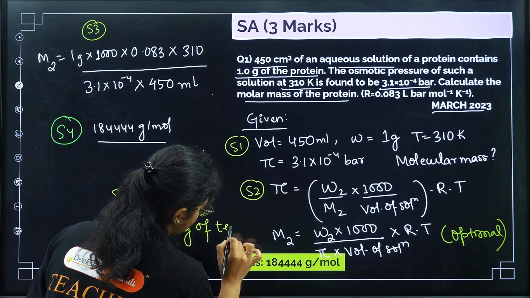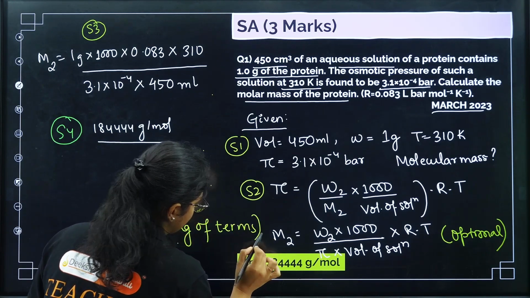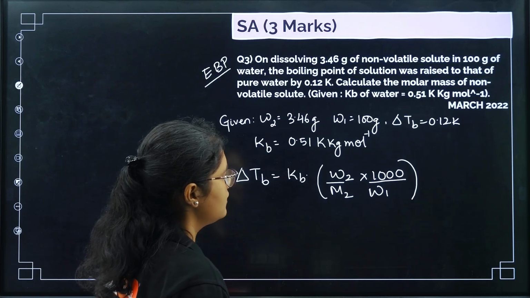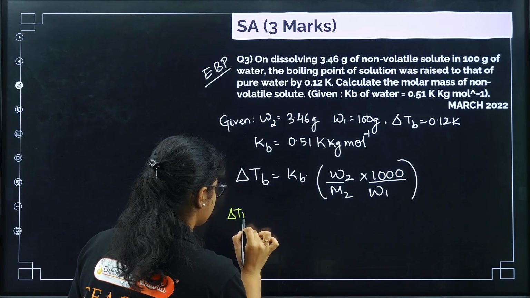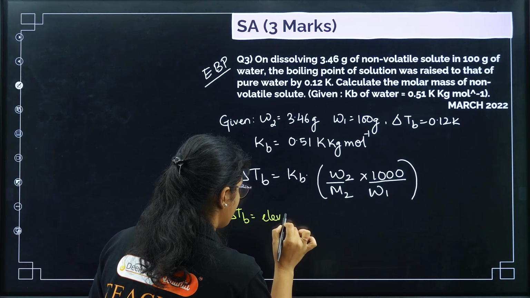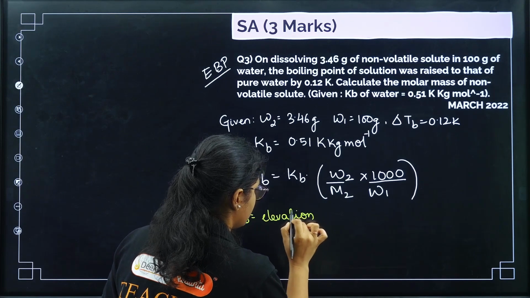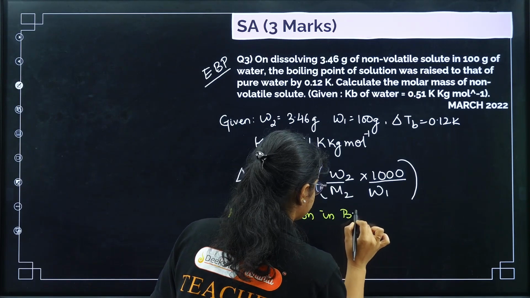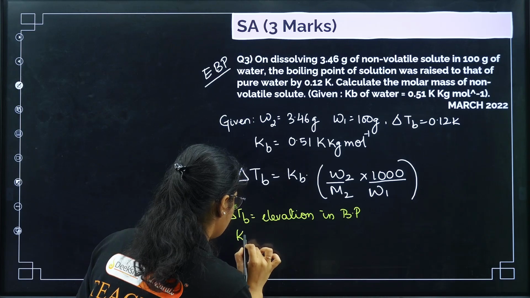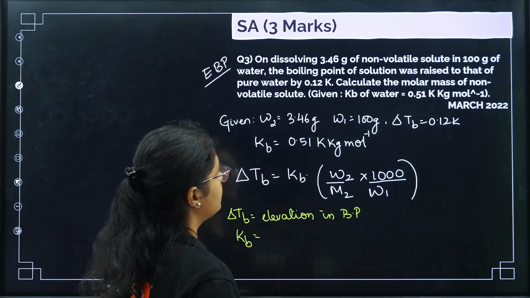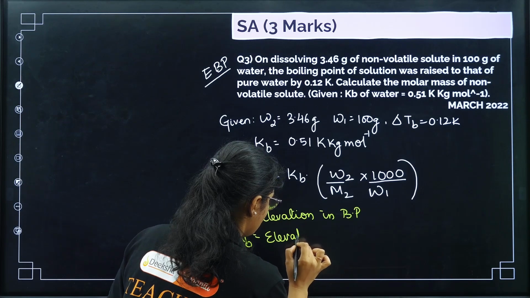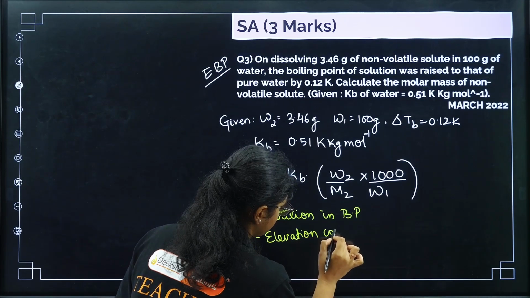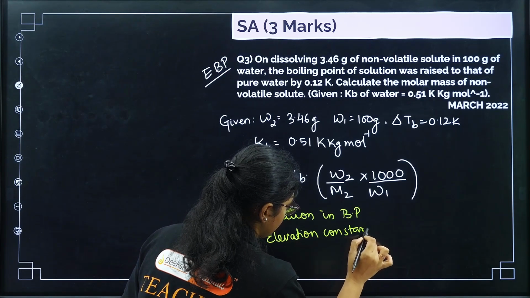Generally it is not required, but we should not take any risk and we will write the terms also. So I'll write here all the terms. Delta TB is elevation in boiling point. Kb is what? Kb is your elevation constant, or you can write ebullioscopic constant.